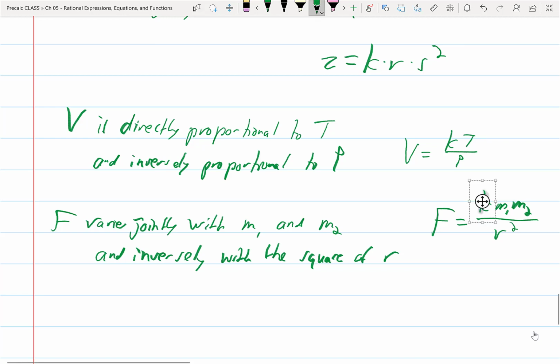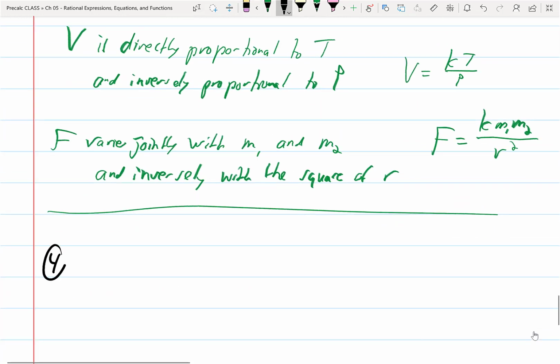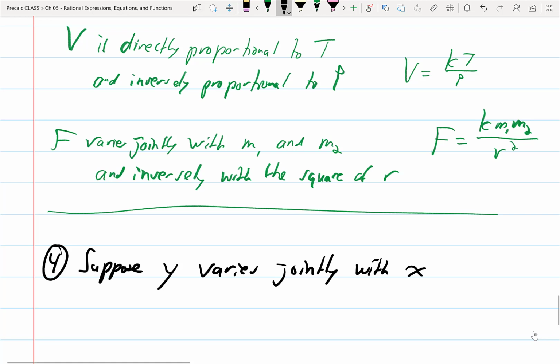So let's do another example. Suppose y varies jointly with x and the square of z.